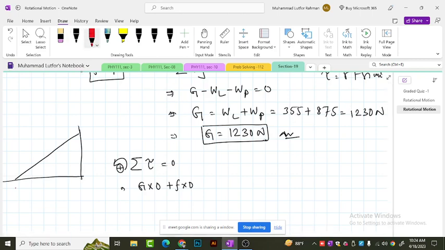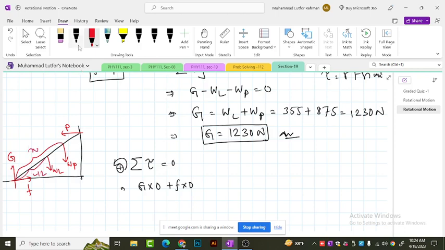This is your force G. This is the force of F. This is the force of WL. This is the force of WP, and this is the force of P, right? And this distance is X, and this distance should be L by 2, half of the length of the ladder.